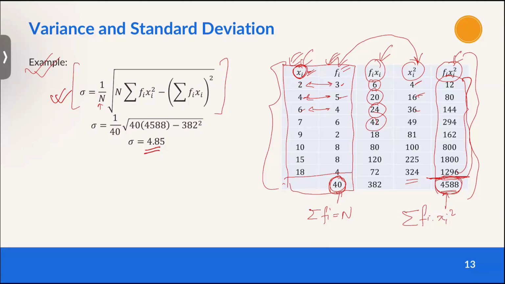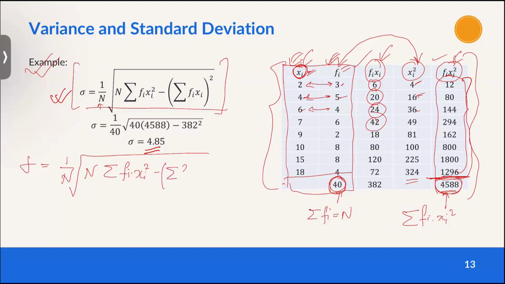Now we have these values, this and this, and we will just plug them into this formula. So sigma, which is the standard deviation, will be 1 by n root under of n summation of fi xi squared minus summation of fi xi whole squared.